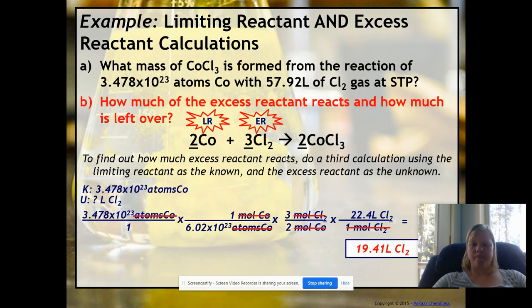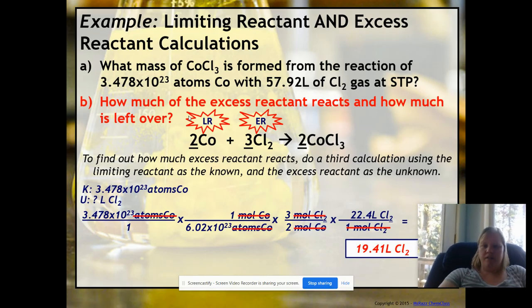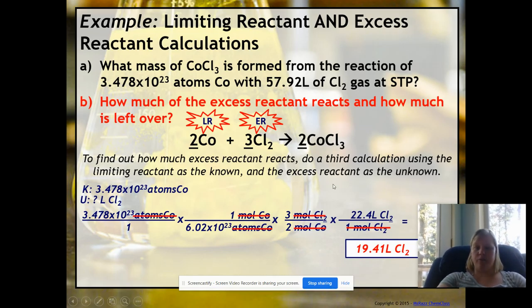So we're actually going to use 19.41 liters of chlorine, okay? If we're given this much cobalt, that is how much chlorine is going to be used as well. That needs to react with the cobalt. So when you're given the 3.478 times 10 to the 23rd atoms of cobalt, this is how much chlorine is going to react with that, okay?